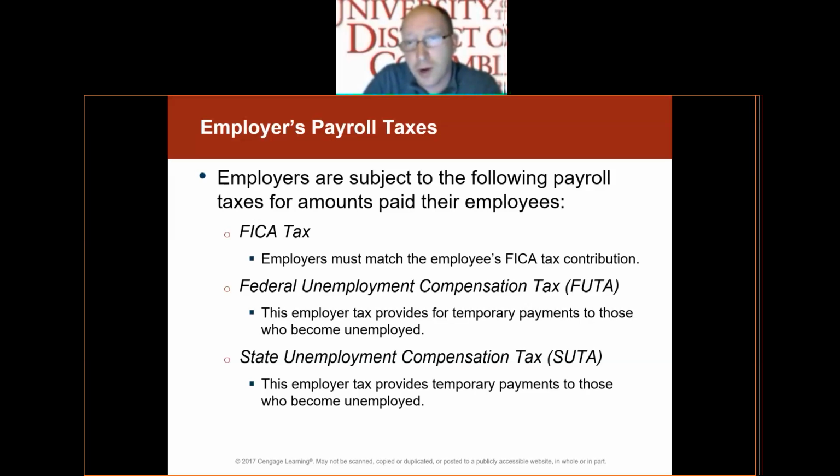In addition to what your employer matches, they have also what we call FUTA and SUTA. FUTA is the Federal Unemployment Compensation Tax. If you become unemployed, that's where that money comes from. Okay, it comes from both the federal and state government levels. It's monies that your employers paid into the system.